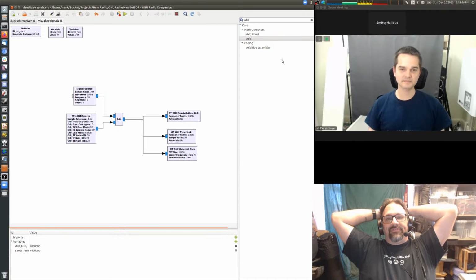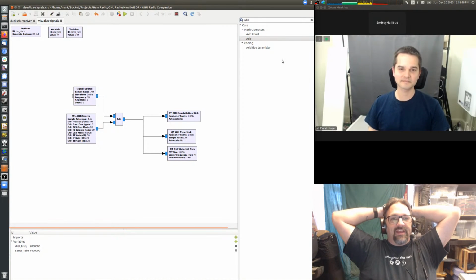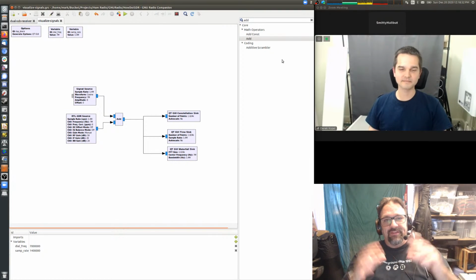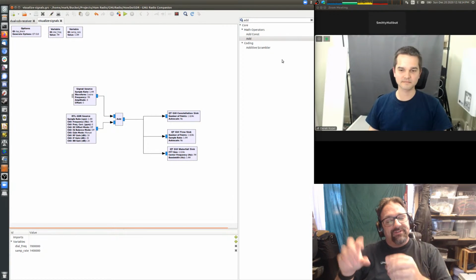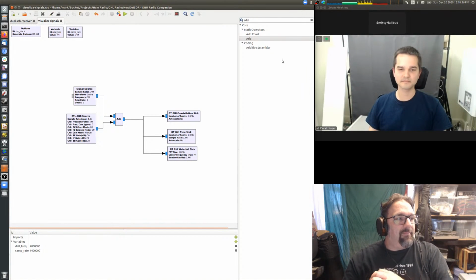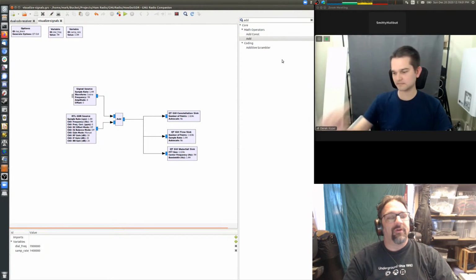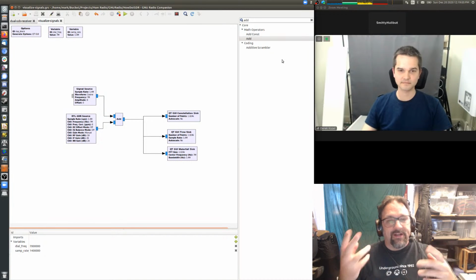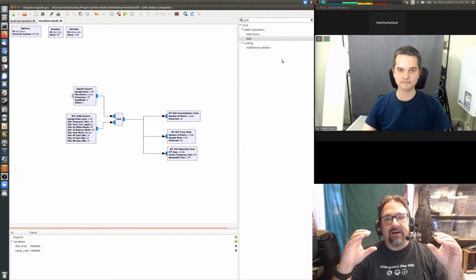We talked about the platonic form of the SDR: you have an antenna going straight into an ADC, and then you take the ether, turn it into numbers, and process it in numbers. But most real SDRs actually have some amount of hardware in before that for tuning, filtering, amplification and whatnot.